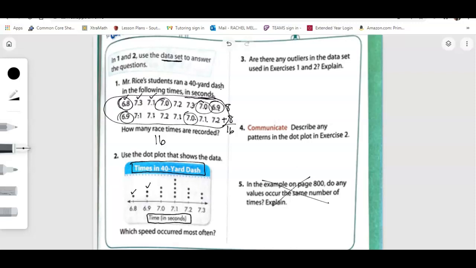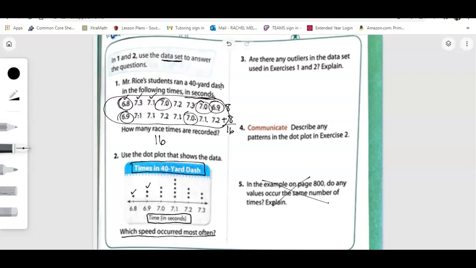Okay. So when you're given information like this data that is just all jumbled up, and you're going to make a dot plot, you really just say, oh, here's this number, let me put a dot. Here's this number, let me put a dot. Okay. Then this question is asking which speed occurred most often.